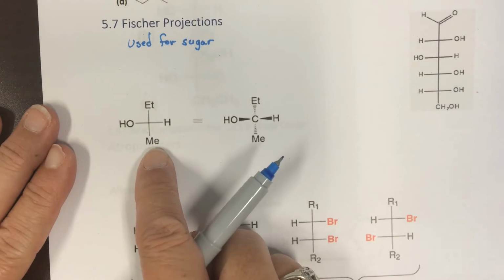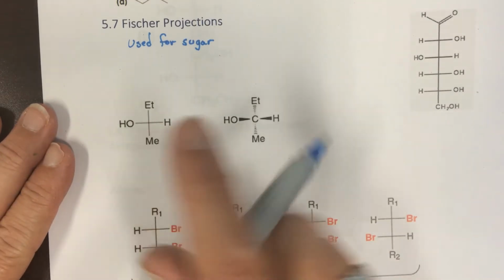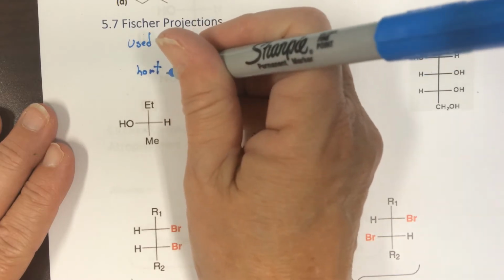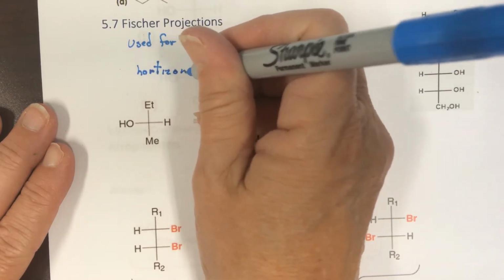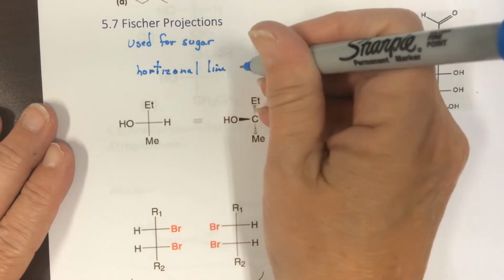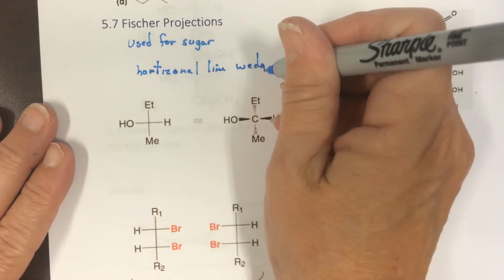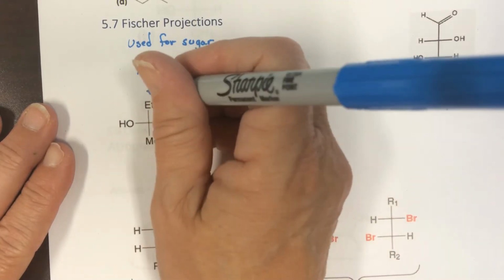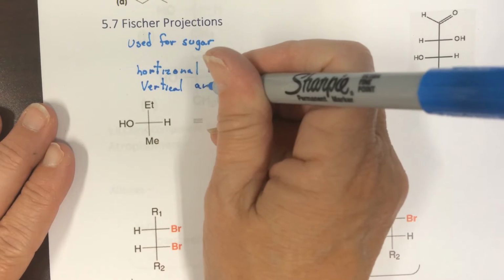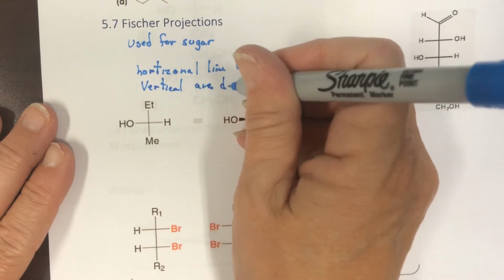And in a Fischer projection, the horizontal lines are wedges, and the verticals are dashes.